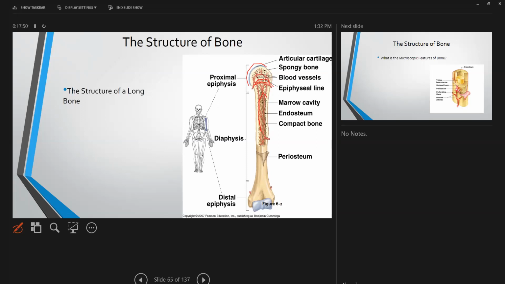This is compact bone here on the outside, and then this coating that covers the bone is the periosteum. So if you break it down grossly, you've got the proximal epiphysis, the diaphysis, which is the long part of the bone, and then the distal epiphysis, which is the other end.